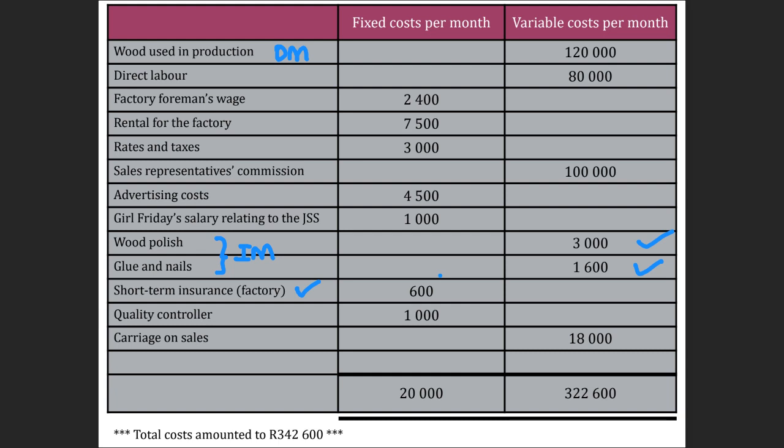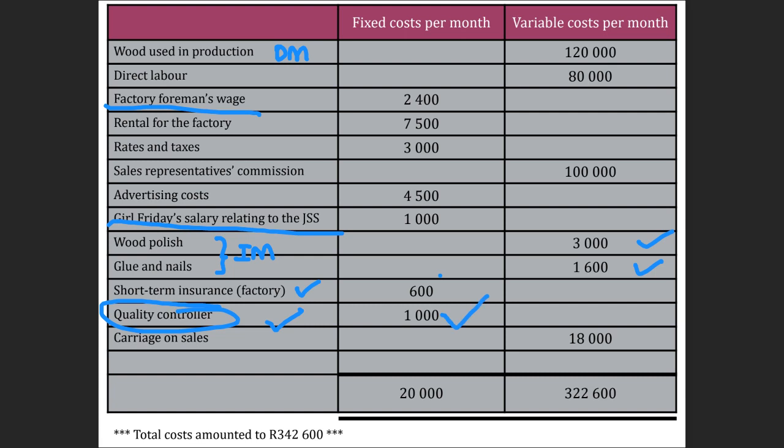And then you have the quality controller, whose wages are treated in the same way as the girl that is employed on a Friday, as well as the factory foreman's wages. The idea is that we will not pay them based on the number of units being produced. They are paid a fixed amount and it is the same regardless of production. So that would be a fixed cost.